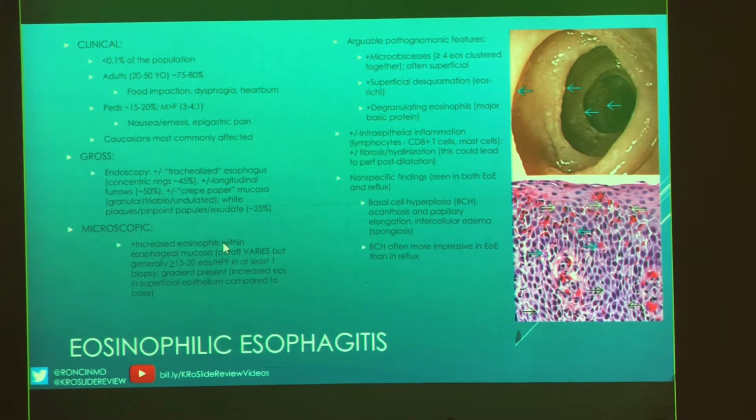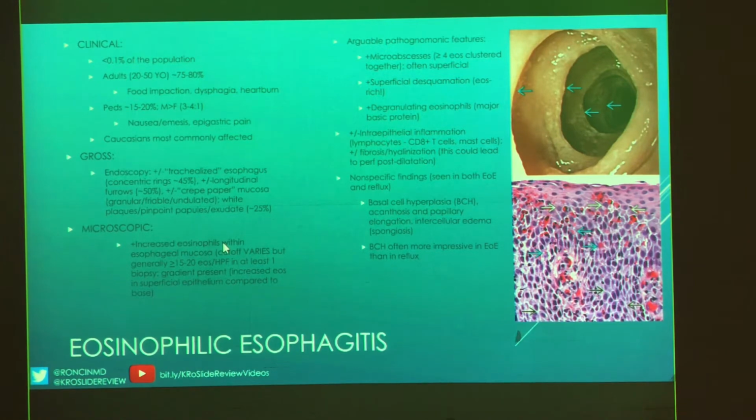And when we're talking about this gradient, your EOs should be higher in the superficial epithelium compared to the base of the epithelium, and then they may be present in the stroma. But again, it should be most prominent on the surface, because if it's food irritants or allergens or anything like that, it's on the surface. So that's how you need to correlate that.